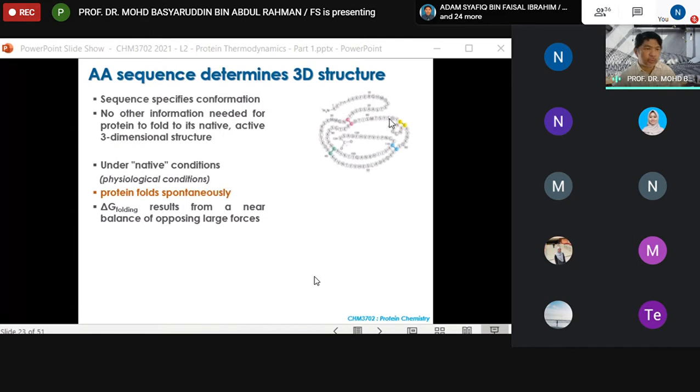People doing site-directed mutagenesis, for example, will find out certain amino acids that they can change, either to increase the stability or to increase the catalytic activity, or to mutate it so that it gets a different function, or even to kill it. So no other information is needed for a protein to fold to its native or active three-dimensional structure.